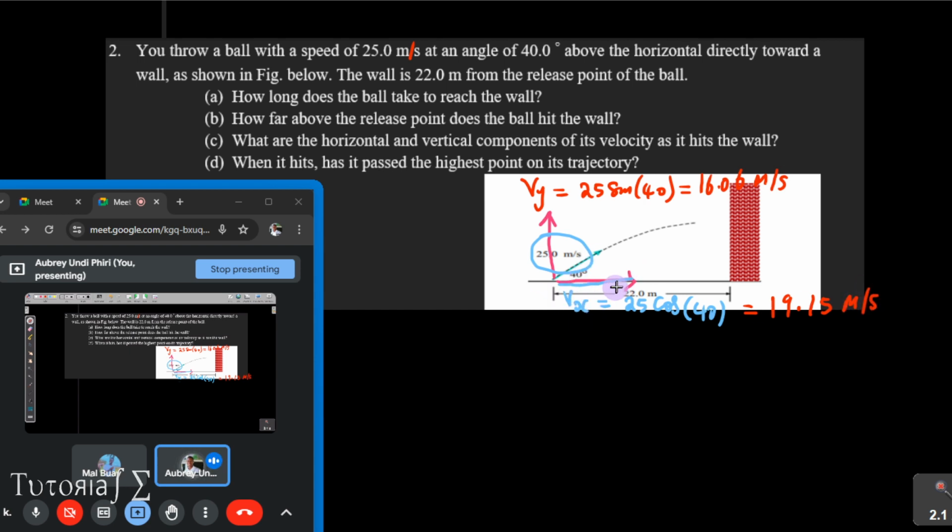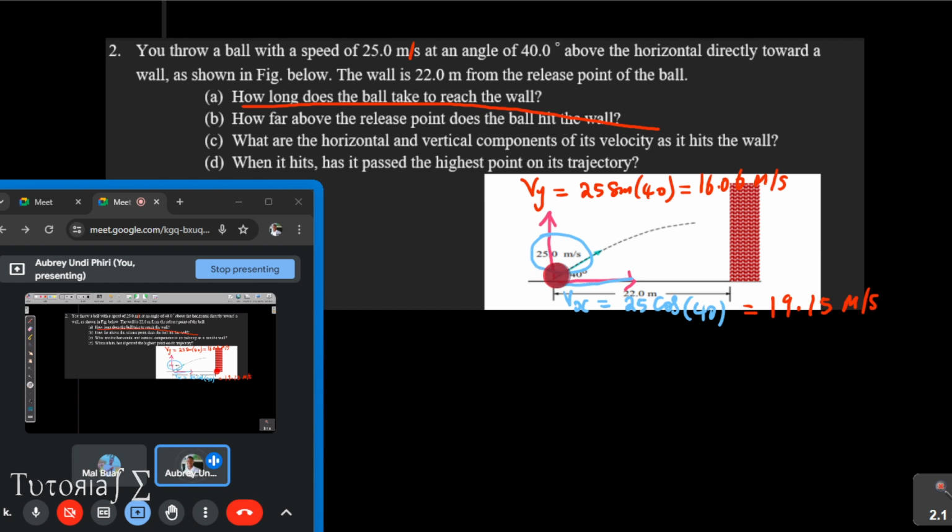So now after resolving our velocity into components, we can calculate how long it takes the ball to reach the wall. How long deals with time. The time we are looking for is the time the ball moves from this point all the way to this point. To find time, we can use the horizontal distance here.